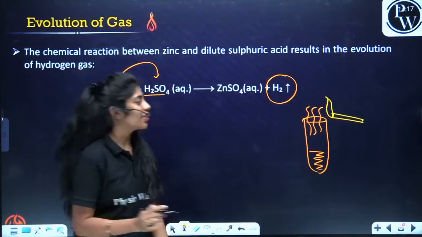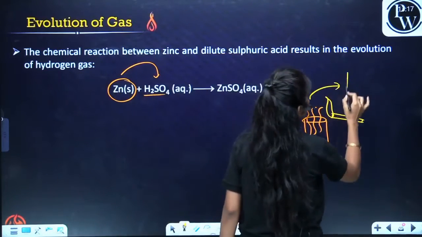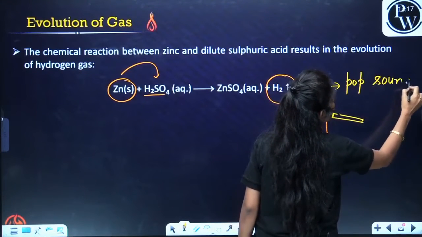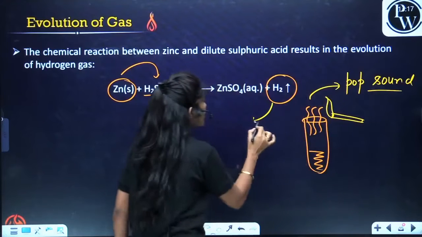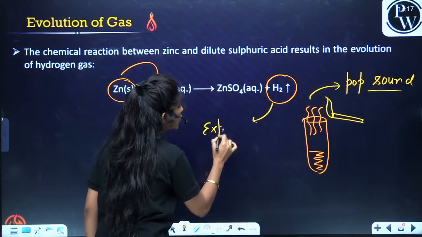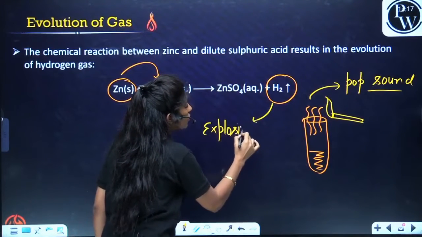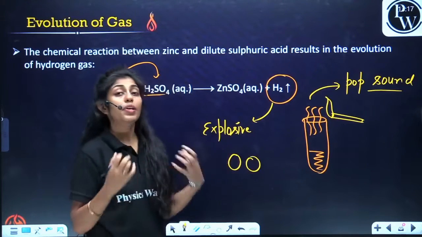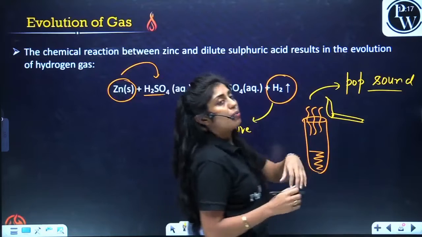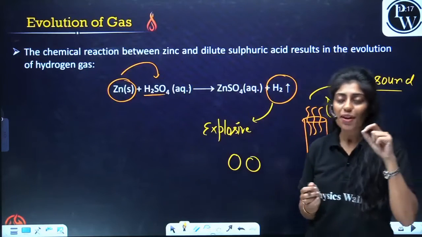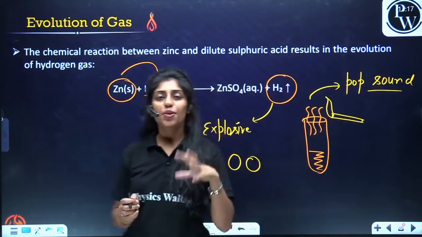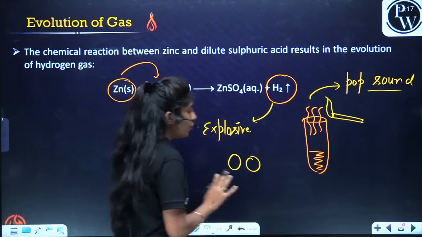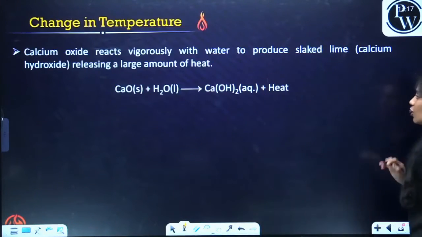What will happen? There will be a pop sound. Why? Because hydrogen is explosive in nature. The bubbles of hydrogen will burst when they come into contact with the burning matchstick. So that pop sound indicates that it is hydrogen gas. This comes under the chemical reaction category.